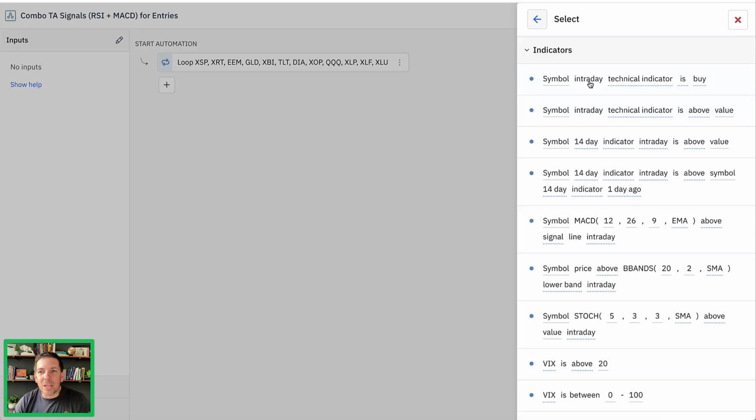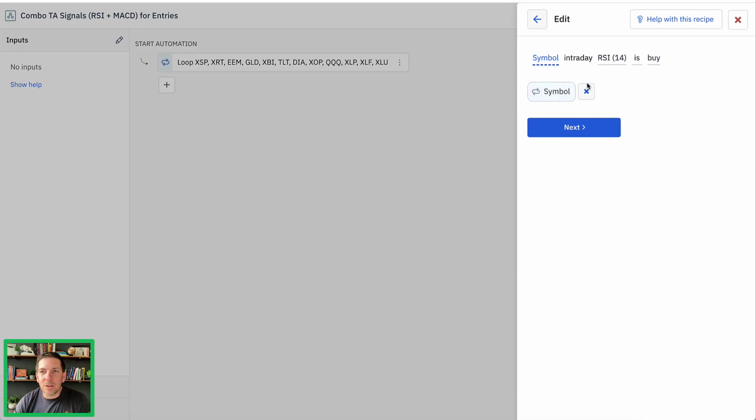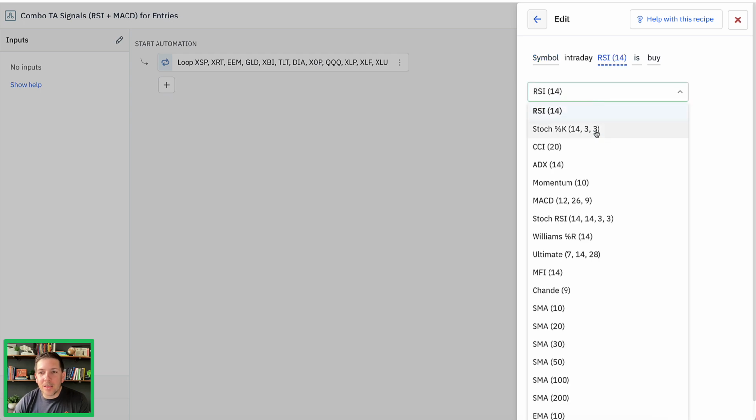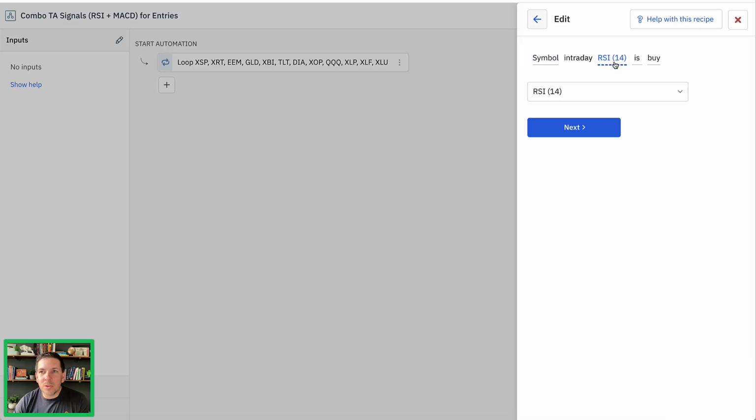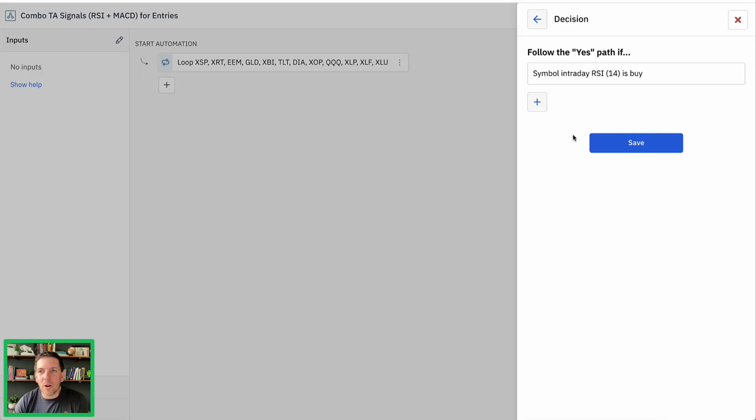So let's do one of each. So we'll do the RSI as one of the simple recipes. So it's going to already connect your symbol to the ones you're looping through. We're going to choose RSI. Look, you can choose all sorts of these different indicators in here and combine them together. And we're going to say the symbol's RSI reading is a buy signal. So it's not neutral, it's not sell, it's a buy signal. So that'd be generally a reading below 30 for RSI.